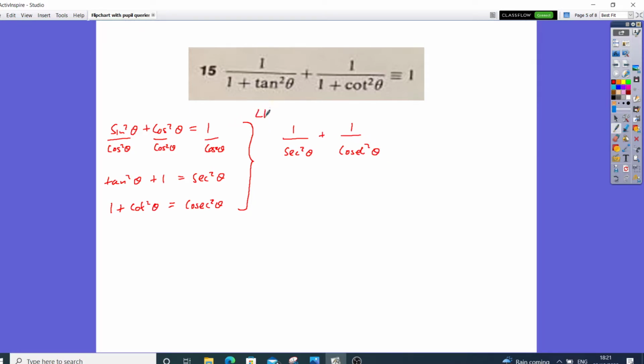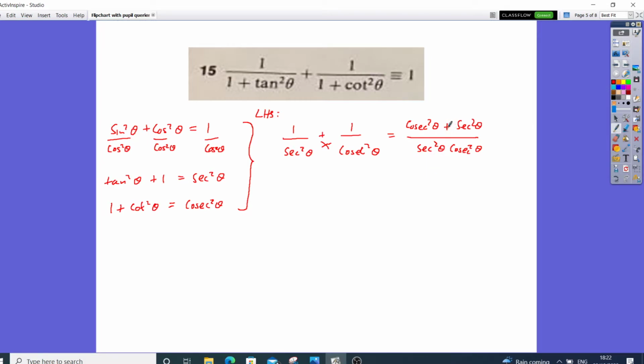So left hand side, and if I cross multiply this, I'll get cosec squared theta add sec squared theta all over sec squared theta cosec squared theta. Okay, so how is this going to help me?